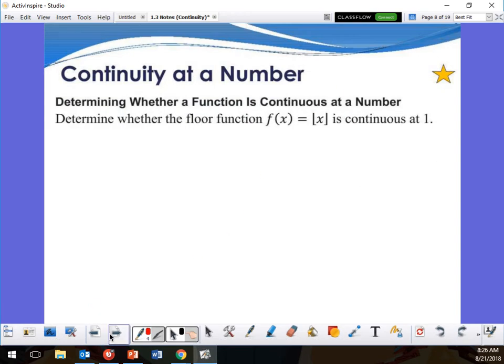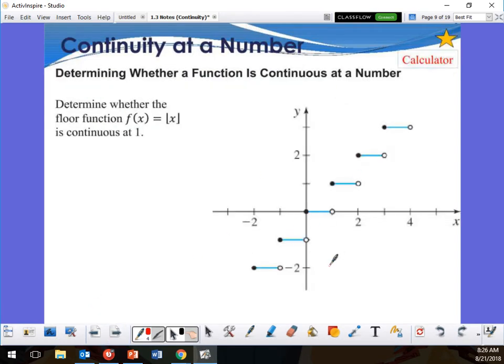Alright, so here's another graph right here to show what it's actually saying. So the floor function means it's rounding all the way down for every integer. At 0, it's actually starting at 0. There's a closed dot. Okay, it is 0 at that point.